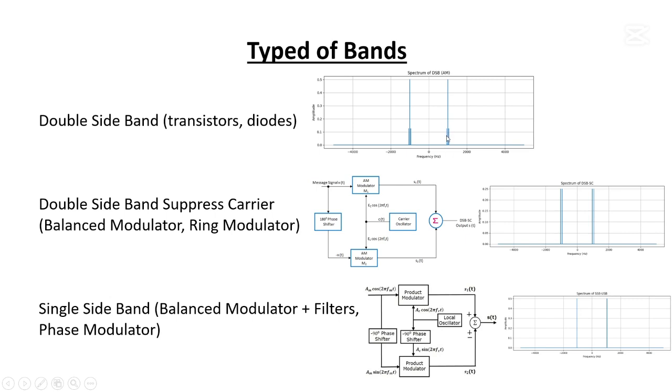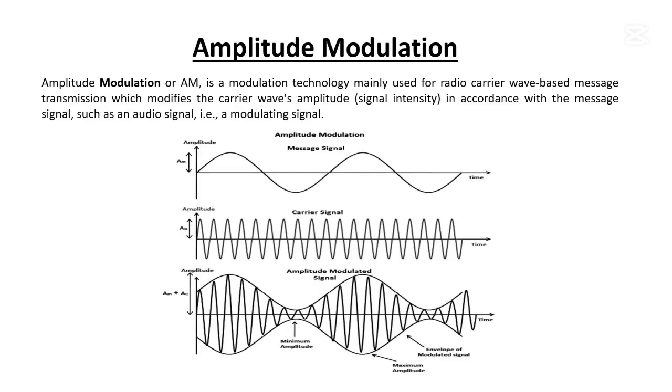So to shift the lower frequency into the higher frequency, we just have to add the carrier signal and the message signal, or subtract the message signal from the carrier signal. This is how we obtain our higher frequency signal.